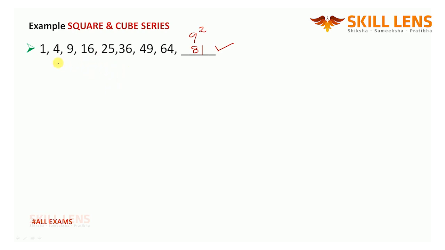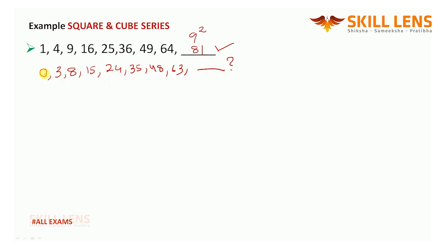But in the examinations, he might give you a series like this: 0, 3, 8, 15, 24, 35, 48, 63. What's going to be your next number? Whenever you come across these type of numbers, guys, the observation is very important.